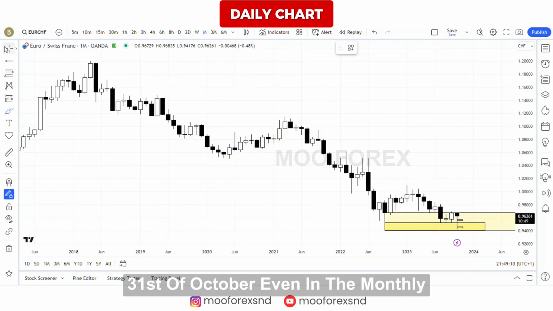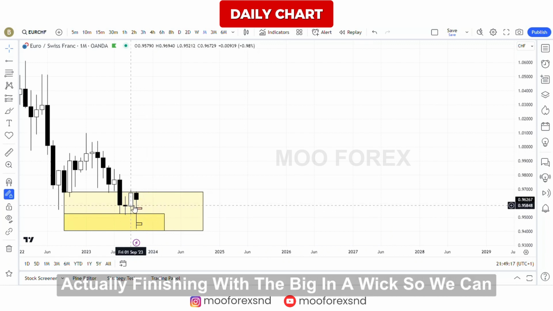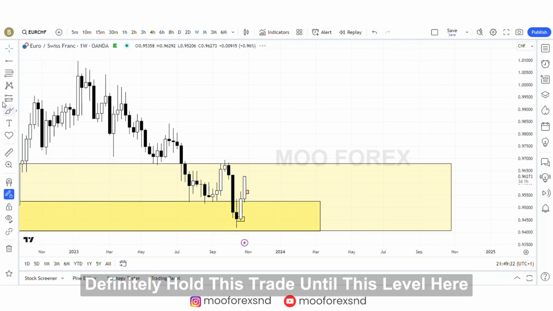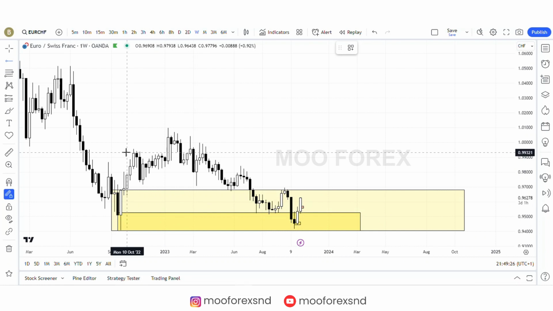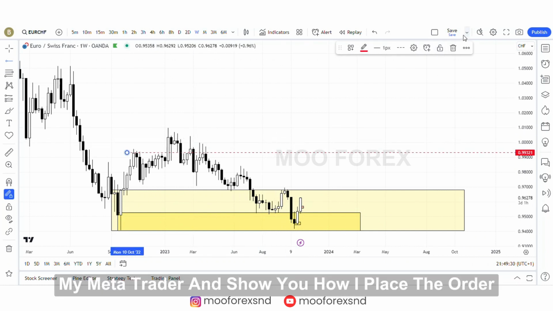Even in the monthly, you see that this candle is finishing with a big wick. So we can definitely hold this trade until this level here. Now let me take you to my MetaTrader and show you how I place the order.